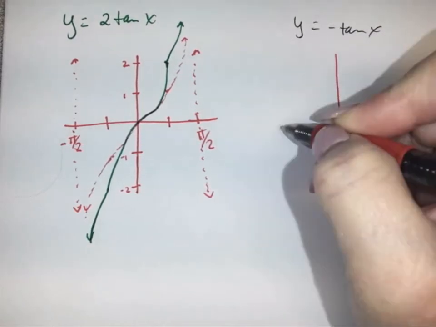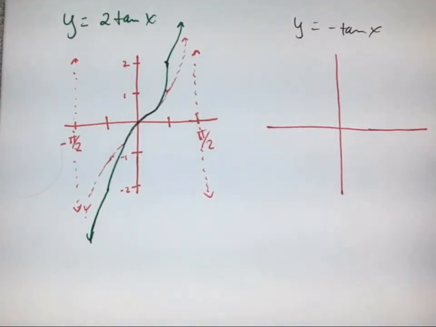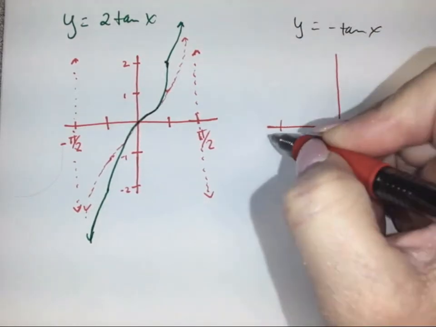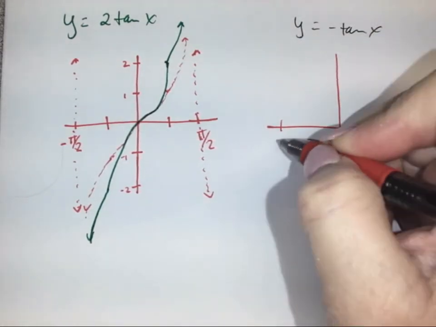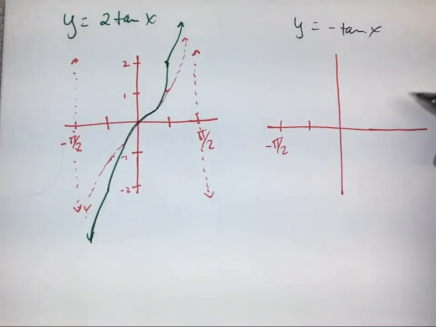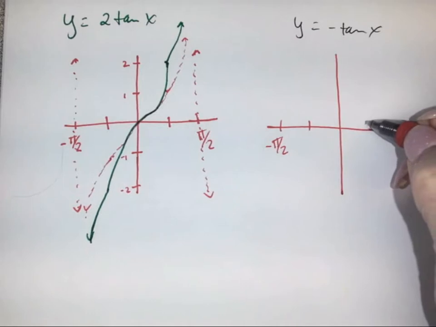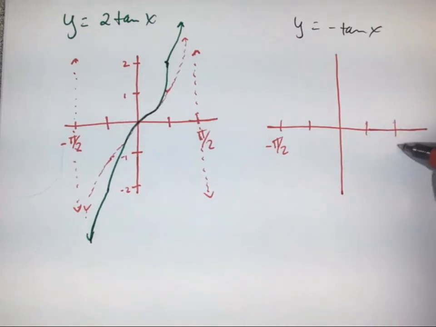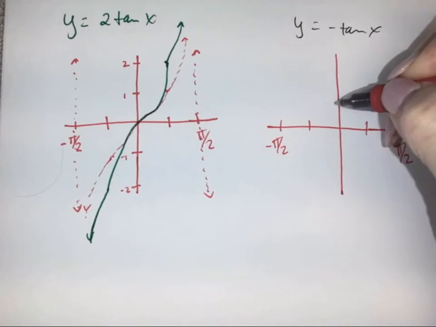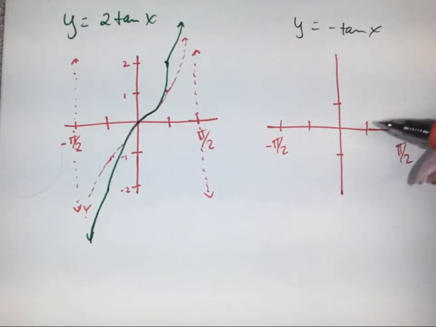Alrighty, so we've got a graph here. And we're going to be at our negative pi over 2. We'll do our hash mark. And here's pi over 2. And we're just dealing with 1 because we only have that negative value.